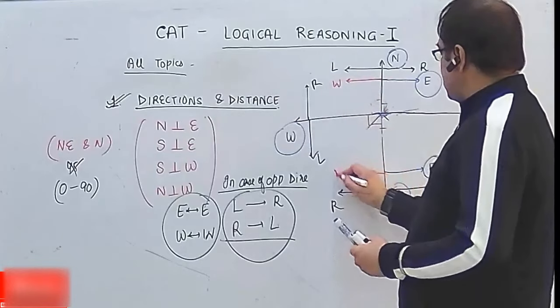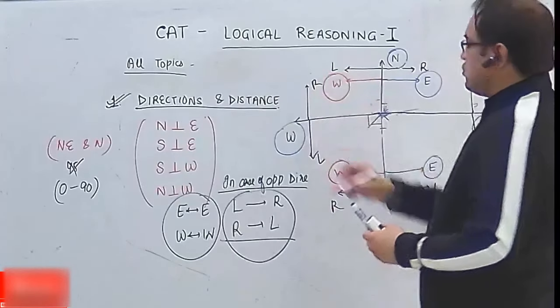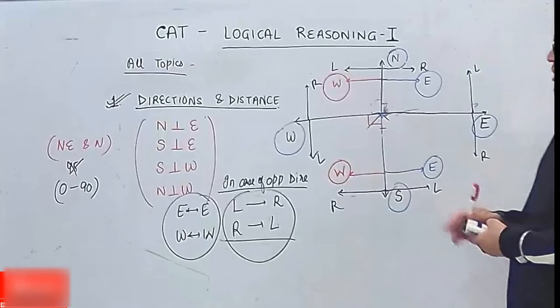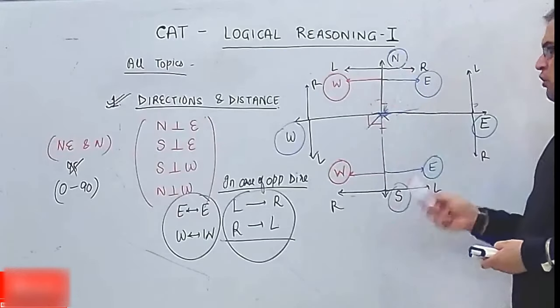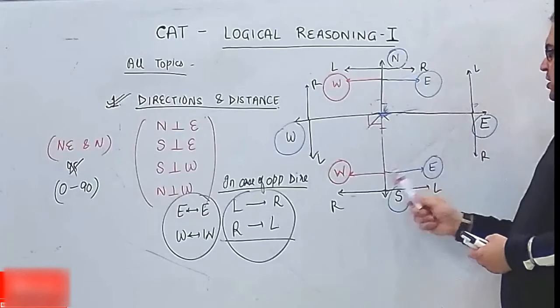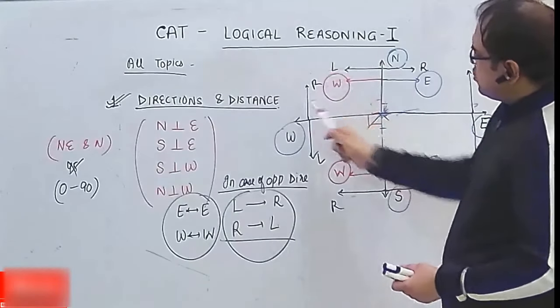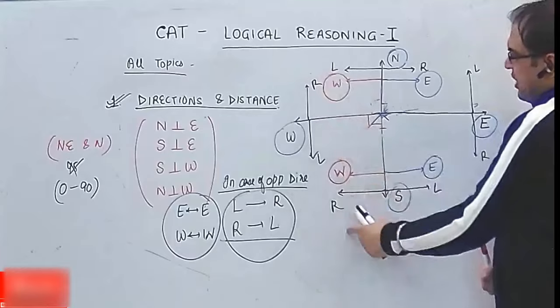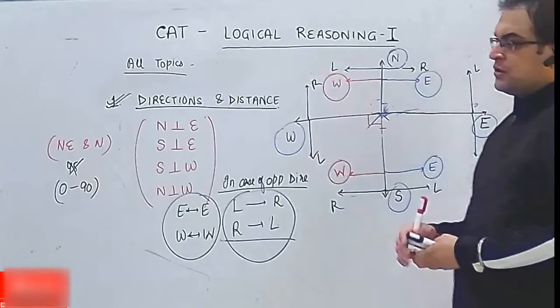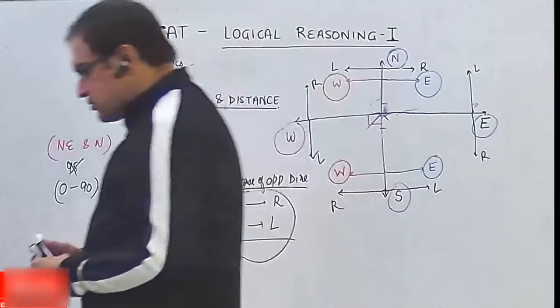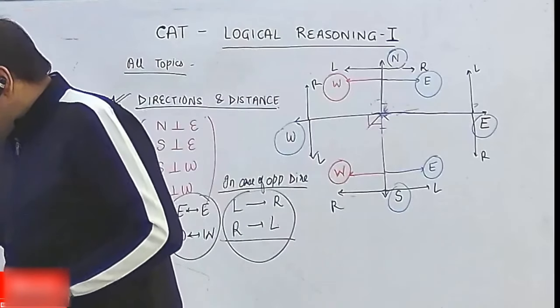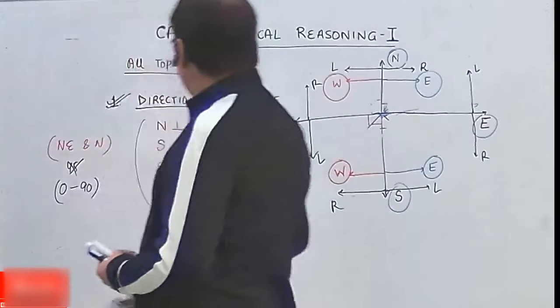This is west and this is west. So we should have a fair idea. If we are going north or south, east is always here, and west is always here. But left and right are changed. That means they become opposite. So left becomes right, right becomes left. Based on this, we'll go ahead.